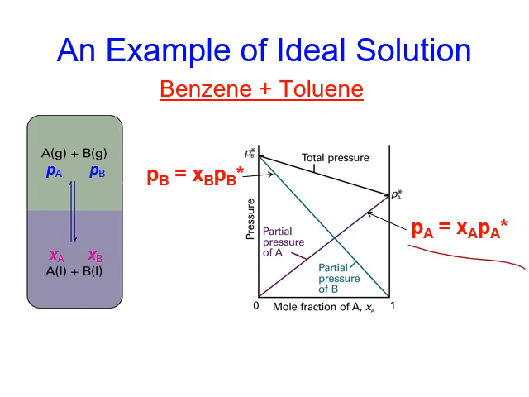So if A is the benzene molecule, its partial pressure is proportional to its mole fraction times its own vapor pressure when it's pure, and B is toluene, it also obeys Raoult's law. So the partial pressure is the mole fraction of B times its own vapor pressure. Then the total pressure is when you add these together.